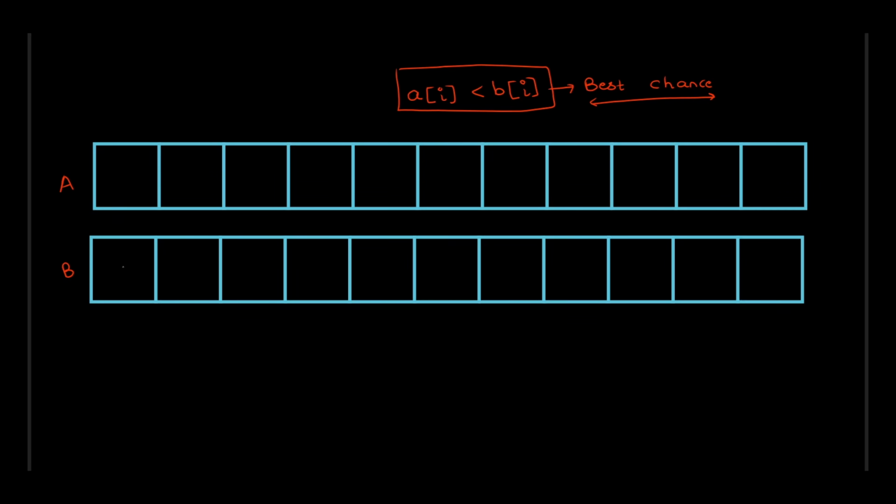So let's say you have 5 and 9, 20, 30, 100, 200, and so on. All the big numbers are over here, and all the smaller numbers are over here like 2, 3, 11, 22, 90, and 100. So you can see that right now this is sorted.